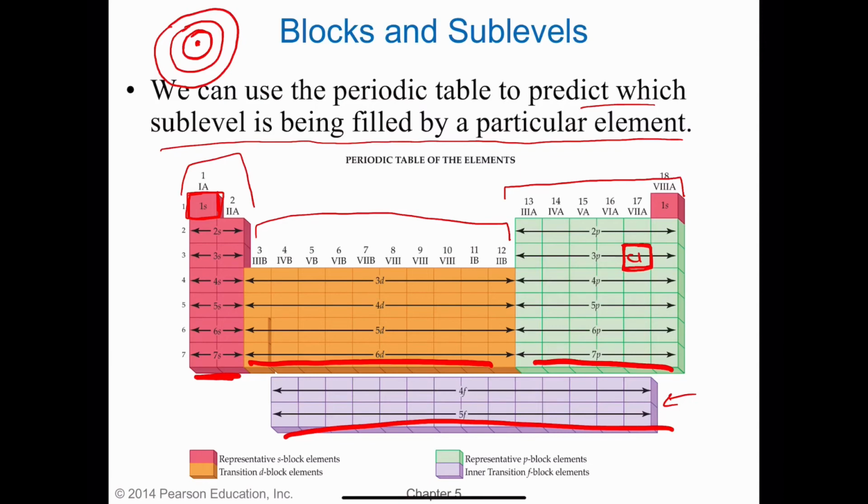So I've got an electron in the 1s, and then going this way, I have another electron in the 1s, and then we're going to loop around and go basically kind of reading the words in the book. We go from left to right, top to bottom.